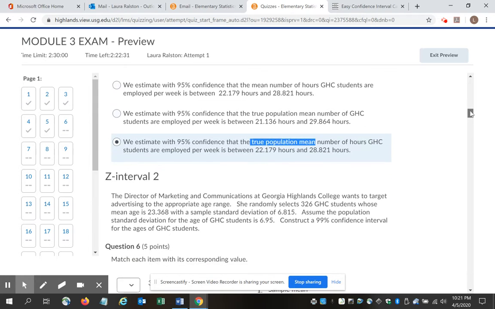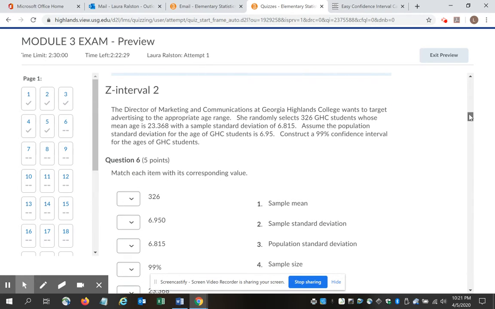All right, then we move on to the second question. Again, clearly labeled Z interval 2, which means it's the second problem that's a Z interval. If you take the time to pay attention, I tried to make it as simple and as easy as possible for you in this format.